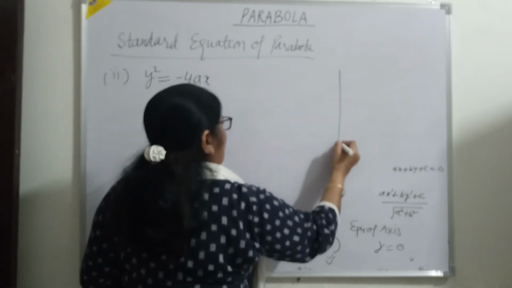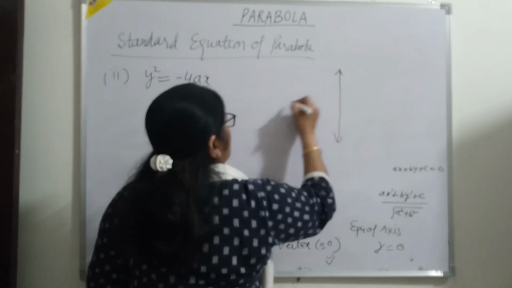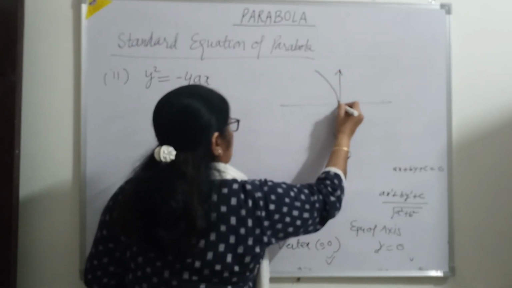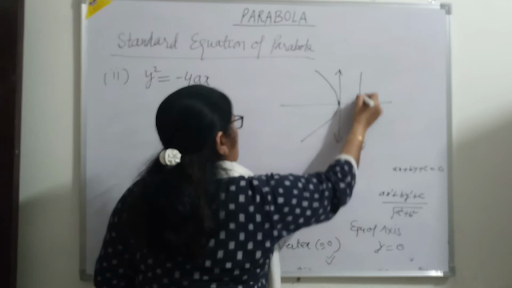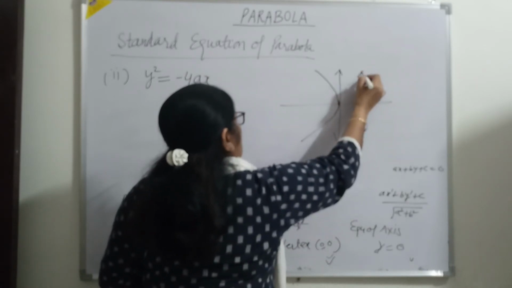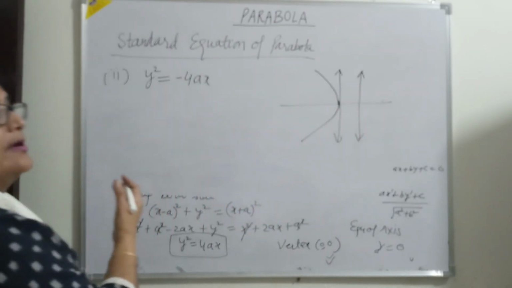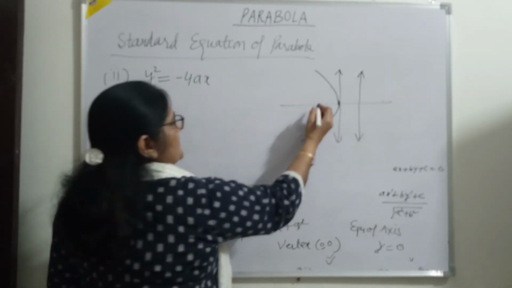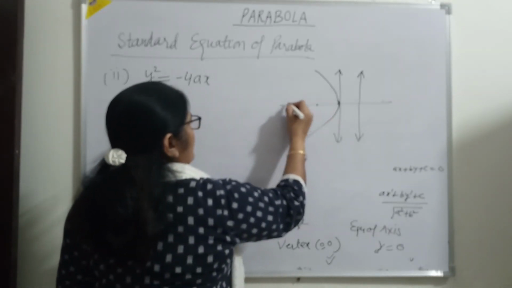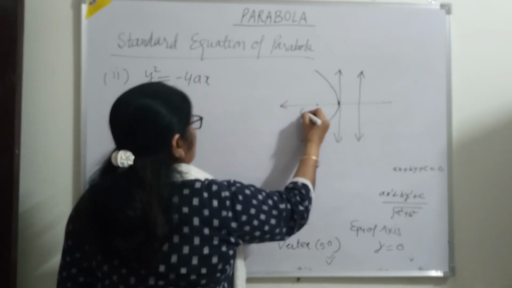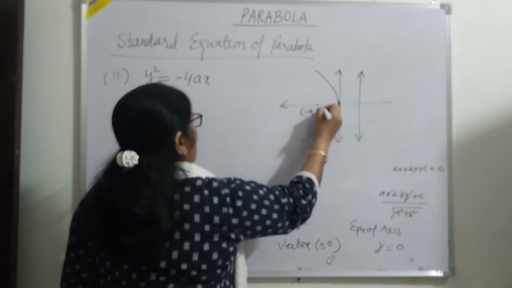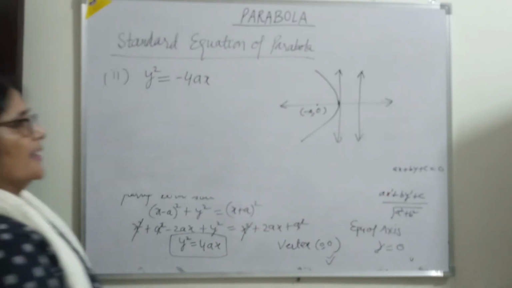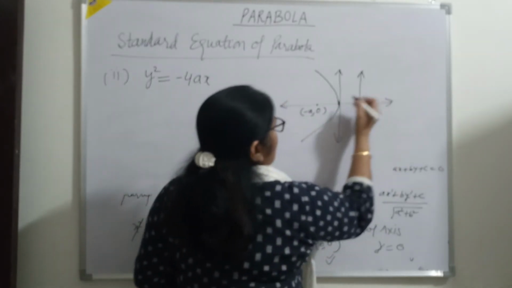The shape of the parabola will be open on the left side. The focus will lie at (−a, 0), and the directrix is on the right side.